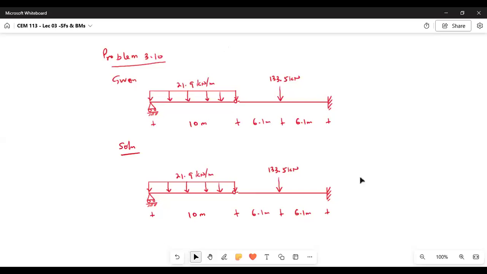Okay, so this part now is a free body diagram, which I want to draw. This side is a hinge.